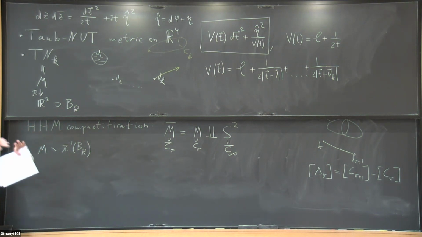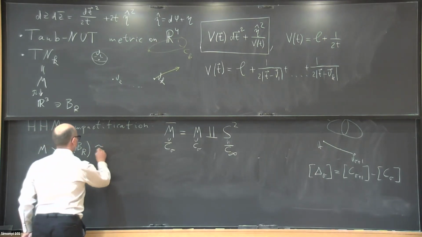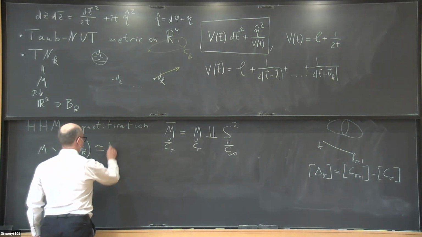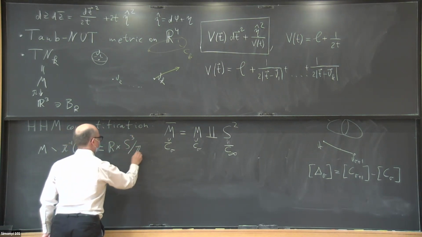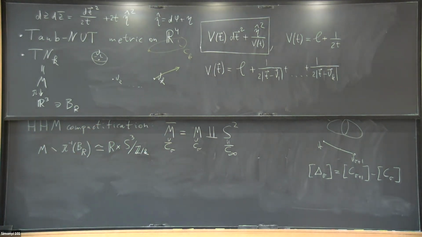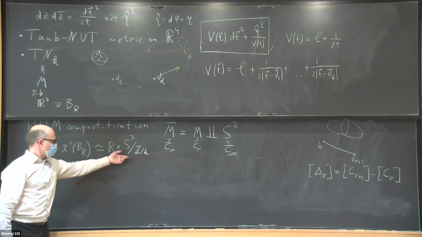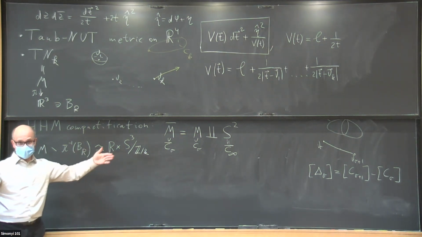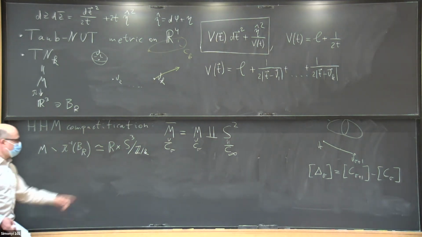If you throw away a very large ball which contains all nuts, then this is homotopic to R cross a lens space. And in a sense, that's our infinity. That is another manifestation of what was mentioned before, that our infinity looks like a Hopf fibration of Hopf number k.